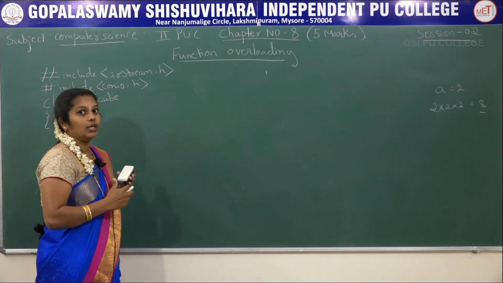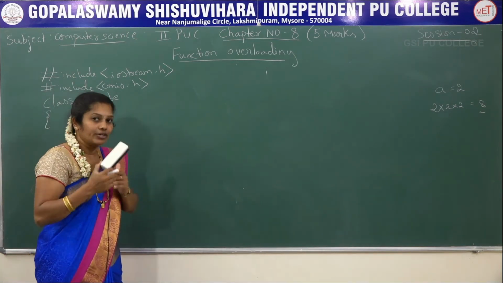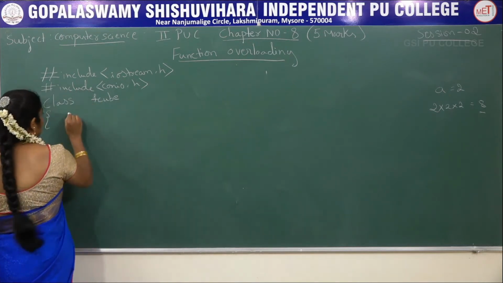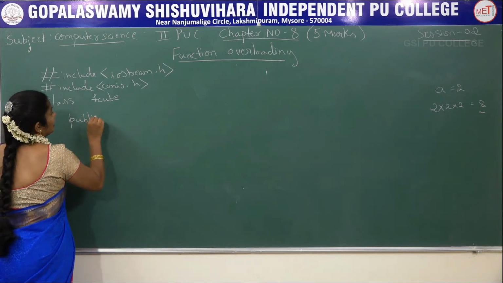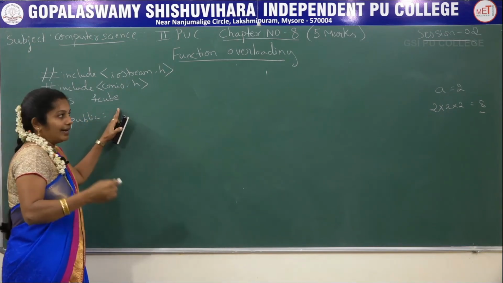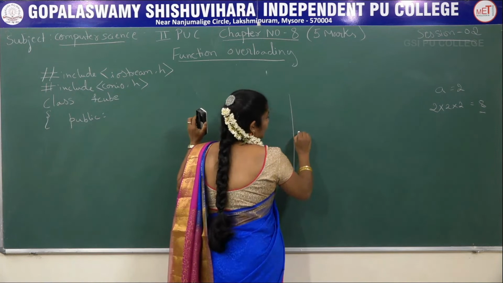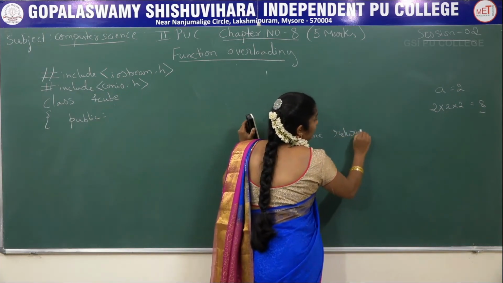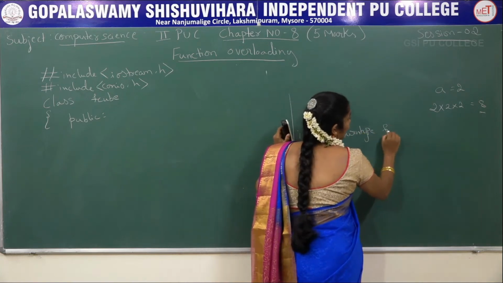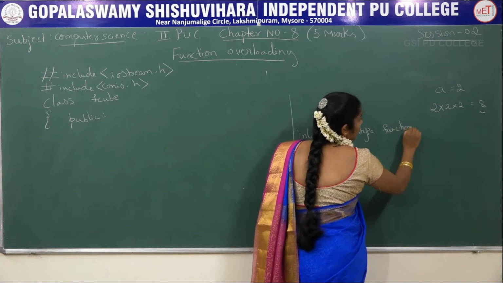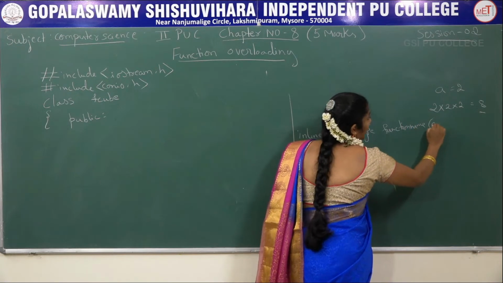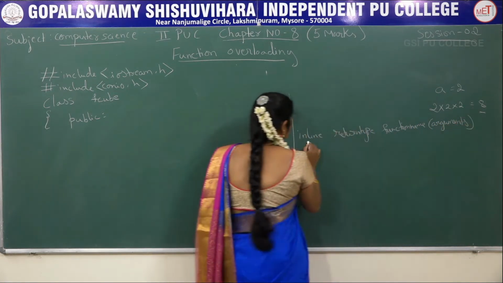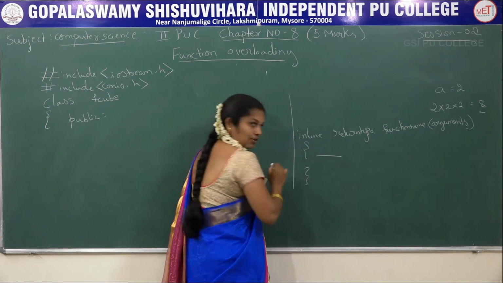Here we have to declare the variables or we have to declare the functions. Which are the functions on this? In the public section, we are declaring the function. While writing the syntax, how have we written the syntax? Inline, then next return type, after that we write the function name, then inside the bracket arguments, then here we write the body, then we close the function.